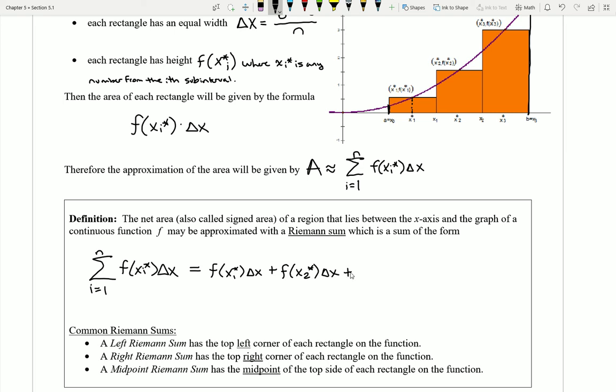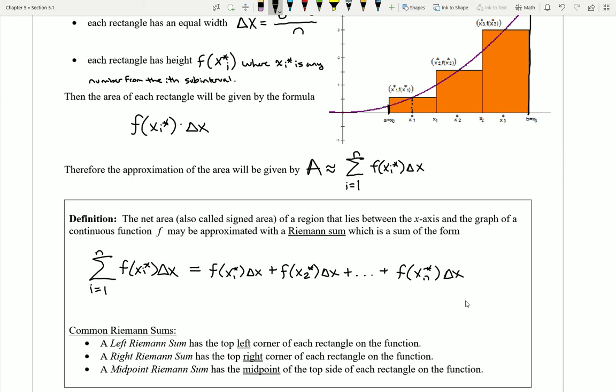We go on and on until we hit the final value of n, so xn star. Now n might be 3 rectangles, could be 30, could be 3 million. It doesn't matter. As long as I add up all of these, I provide an approximation of the area.